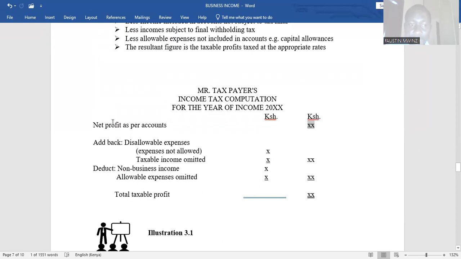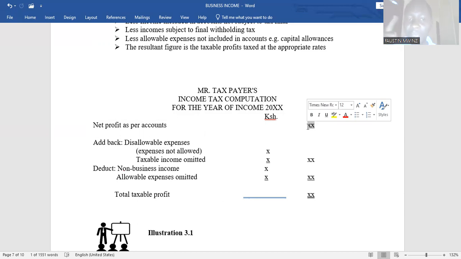To arrive at these profits you are seeing here, someone must have constructed the income statement which started with sales, then expenses, and you add all manner of expenses, I mean allowable and disallowable expenses. So to arrive at this net profit figure, you have deducted allowable expenses, and you have also deducted disallowable expenses.